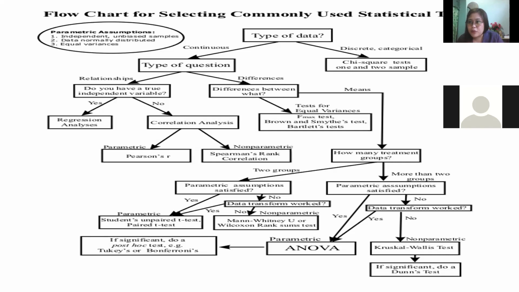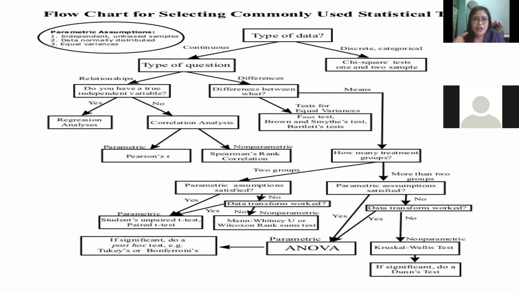But before you decide which statistical test to use, you have to know the parametric assumptions. These are what the data must fulfill for you to say that you will be using a parametric test.